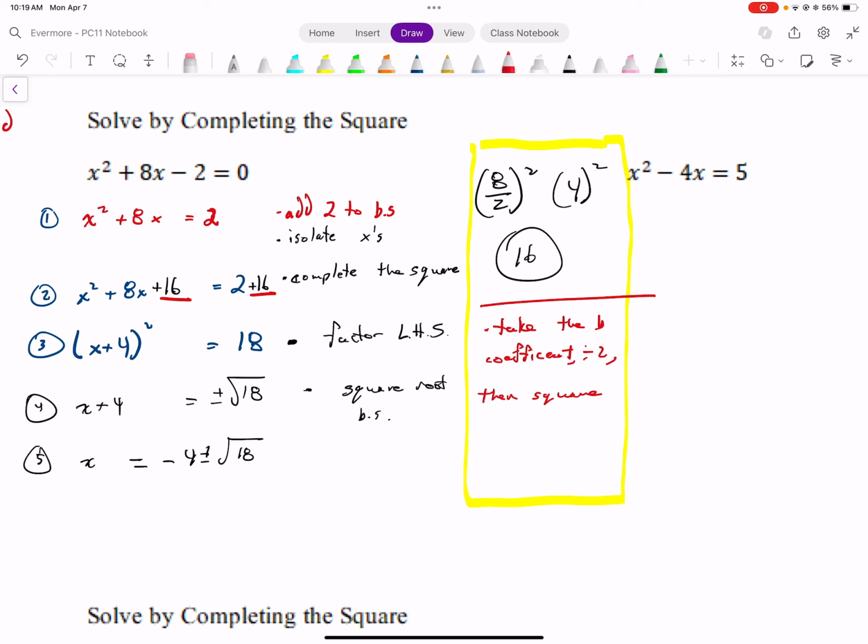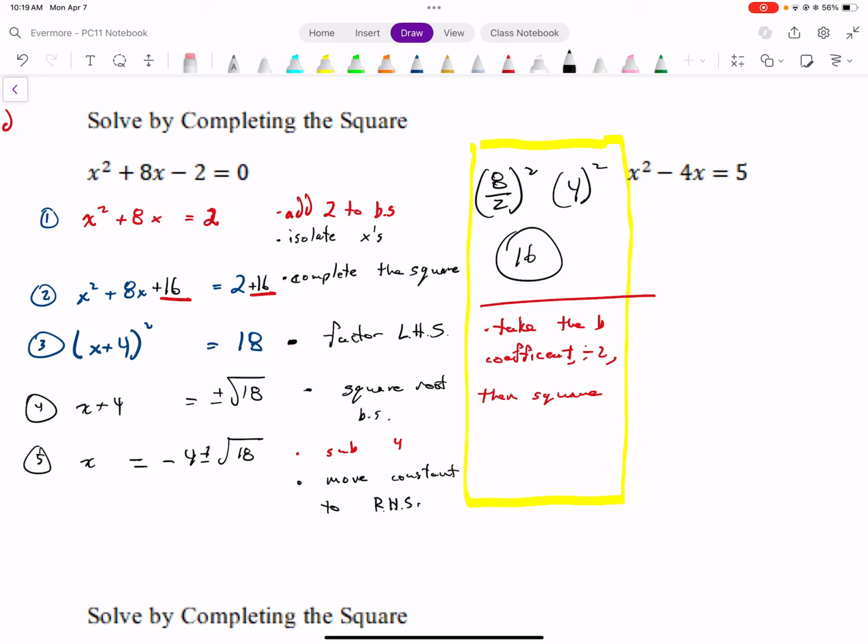So specific to this question, I would subtract 4. More generally speaking, I would say move constant to right-hand side, or isolate the x.